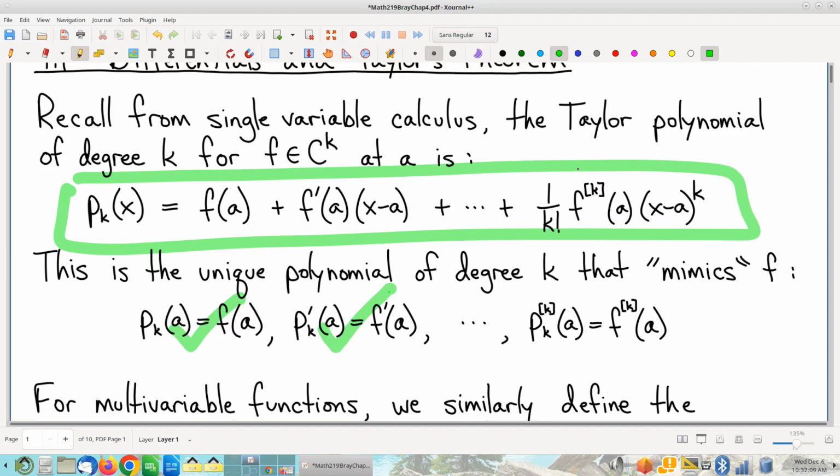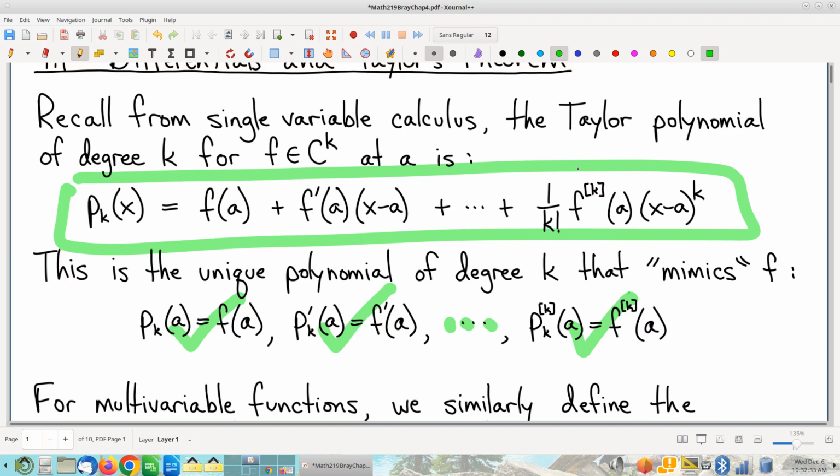It's got the same second derivative, third derivative, et cetera, and all the way out to what we call k. This is called the degree. And it mimics f in value and derivatives all the way out to the kth derivative. In other words, it's the best mimic, right? It's copycatting f. In all of these senses, as best as possible.